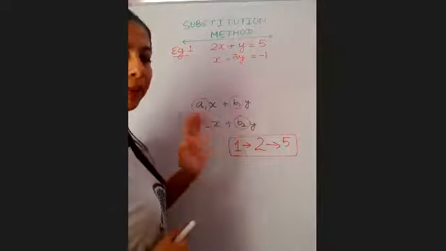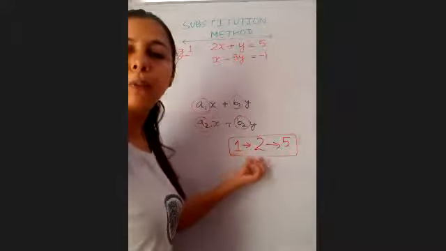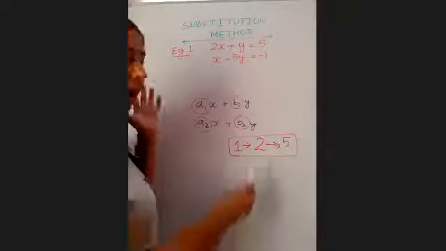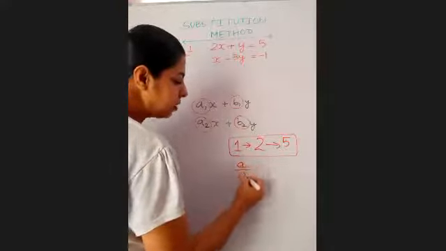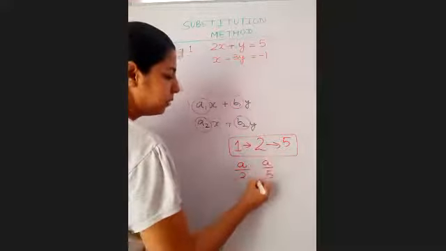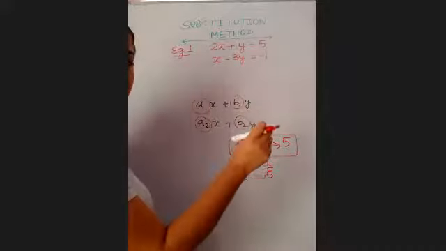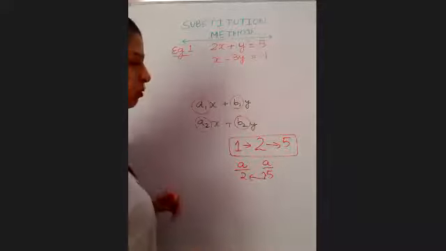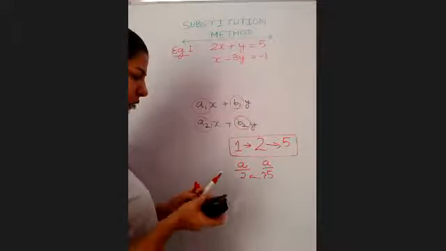Preference order should be coefficient 1; if not available, coefficient 2; if not available, coefficient 5. Now, why am I saying 2 and 5? Because division by 2 and 5 gives us a terminating number, so it is always easy to go for these two. If not available, then we will see what is to be done.